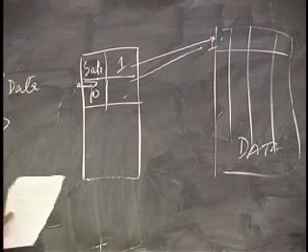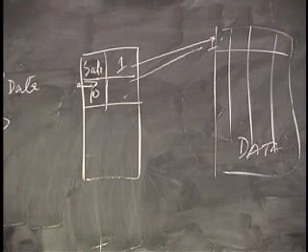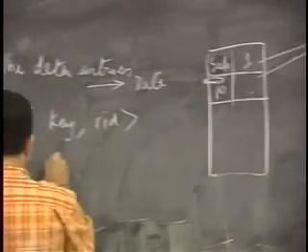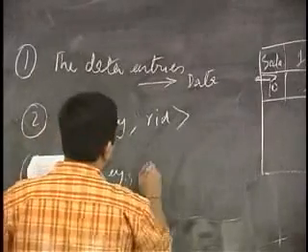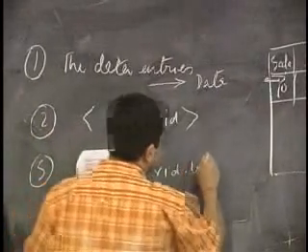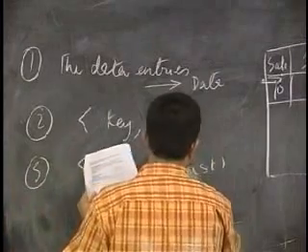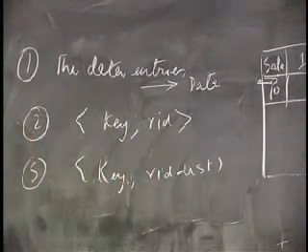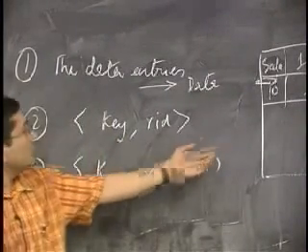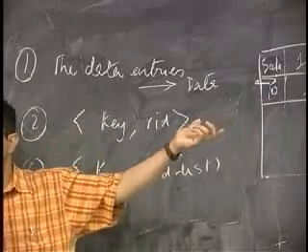Okay. The third is you can pick up a key and row ID list. In this, you have the list of row IDs which have the same value.